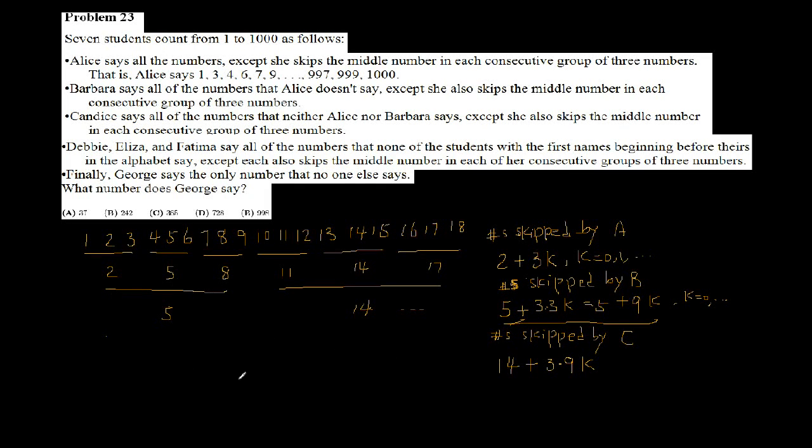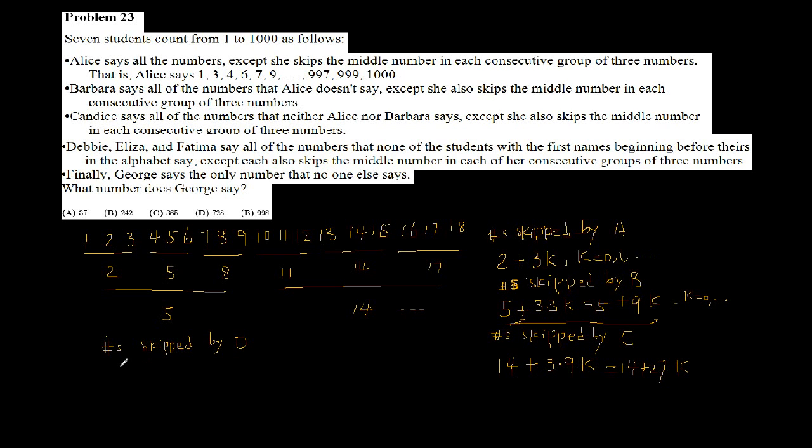Now we continue with numbers skipped by D. The first number of D will be the second number skipped by C, right? So this is actually 14 plus 27k.